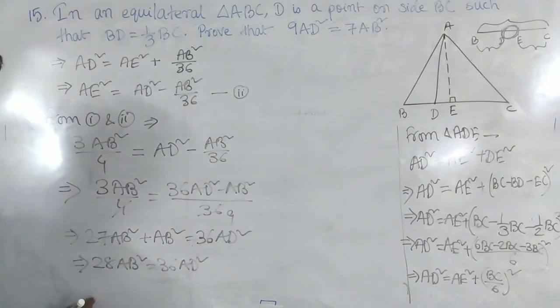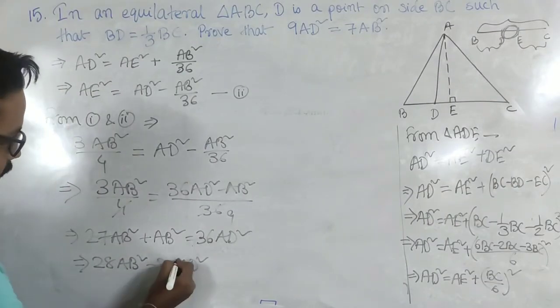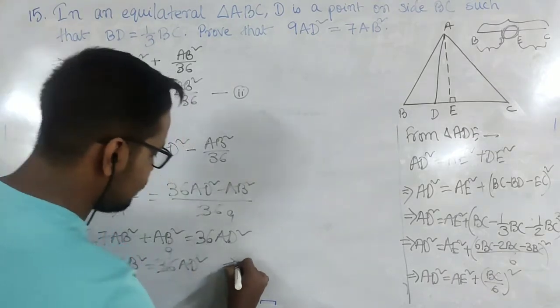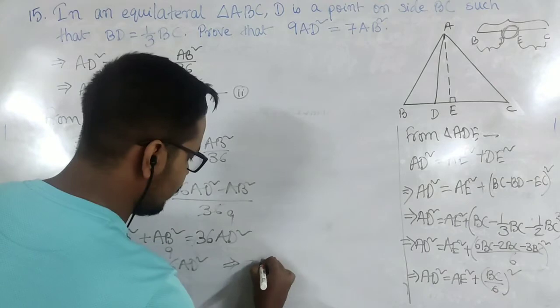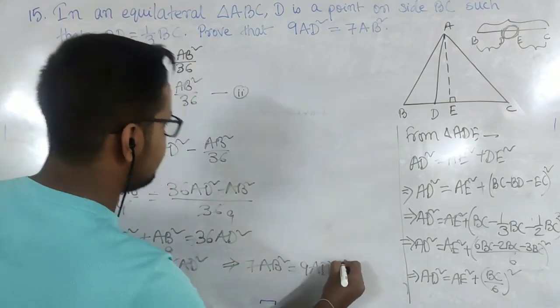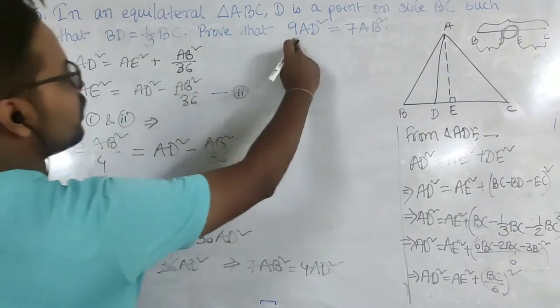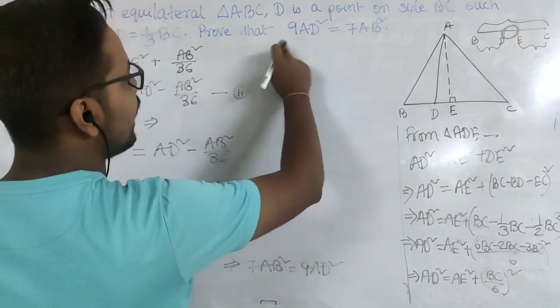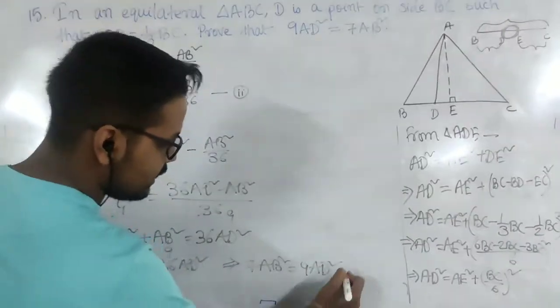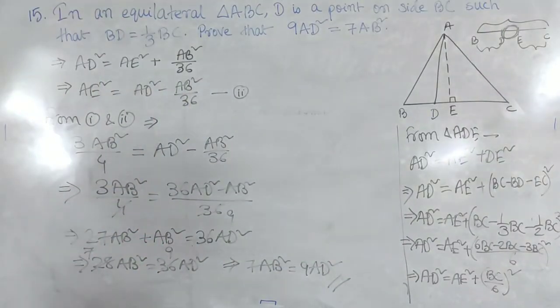Now if we cancel with 4, then we will get 4 9s are 36 and 4 7s are 28. So what do we get? 7 AB squared is equal to 9 AD squared, which is our required proof. 7 AB squared equal to 9 AD squared, and hence we have proved our required question.